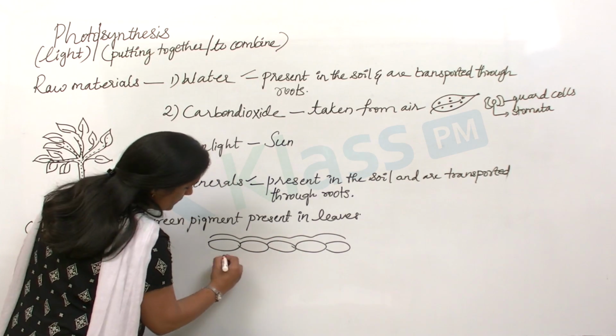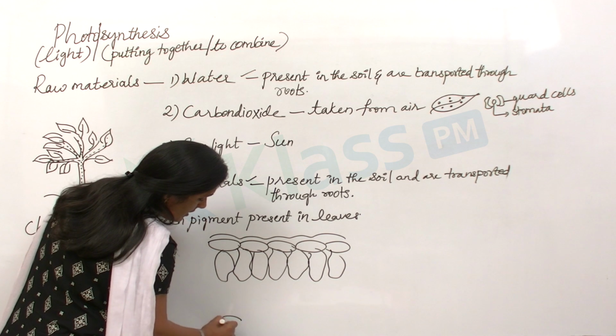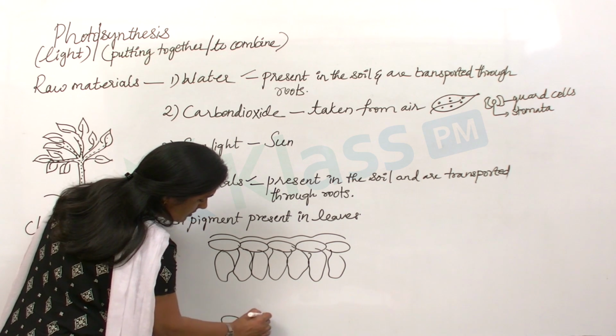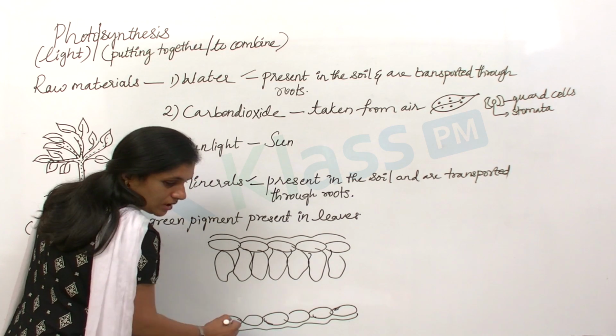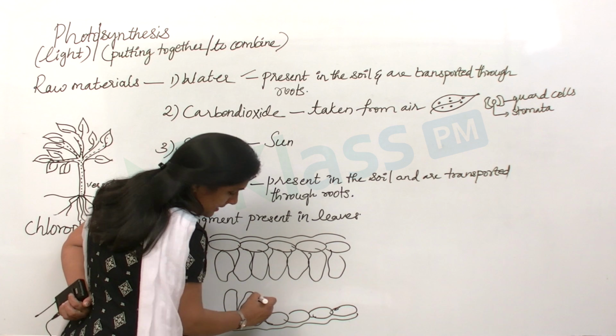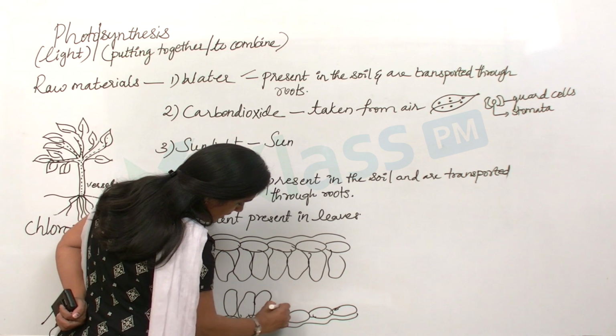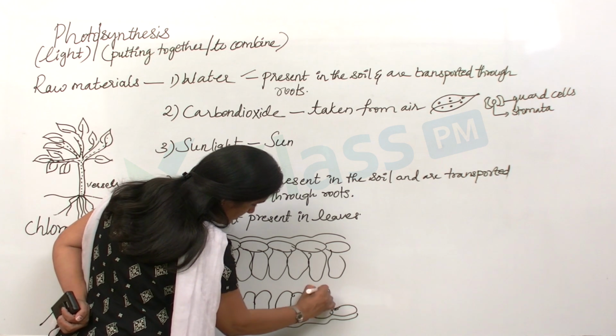So they have stomatal cells like this which are arranged, and this is again the lower epidermis. You find these chlorophyll cells which are arranged, and you will have a small opening at the base.